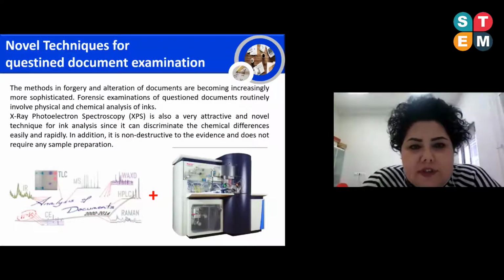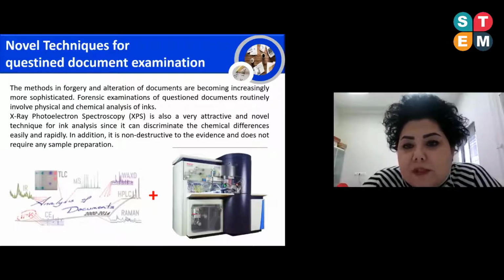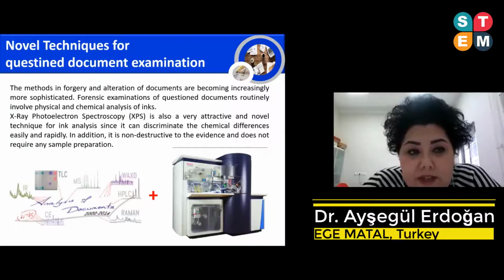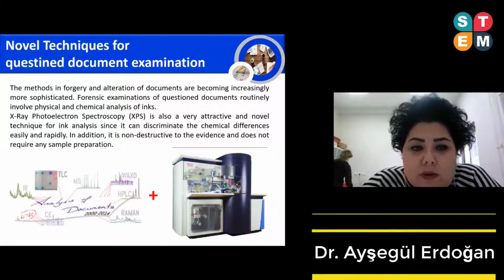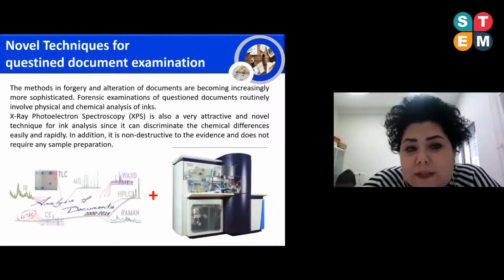Actually, in the literature, you may encounter some novel techniques for questioned document examinations. For example, the methods of forgery and alteration in documents are becoming increasingly sophisticated. And forensic examinations of these questioned documents routinely involve physical and chemical analysis of the inks.